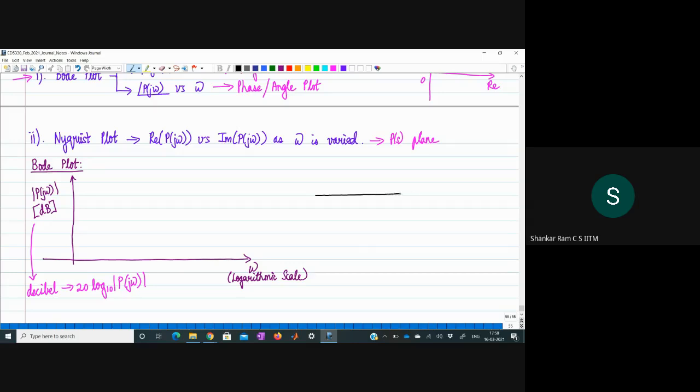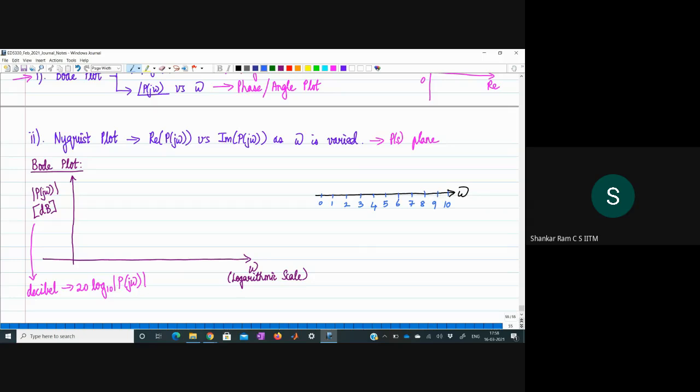To understand that, first let's understand the linear scale. All of us are familiar with the linear scale. If I want to plot a linear scale of frequency, and I mark two successive markers, the difference between the two successive markers is going to be the same. Here I have plotted from 0 to 10.